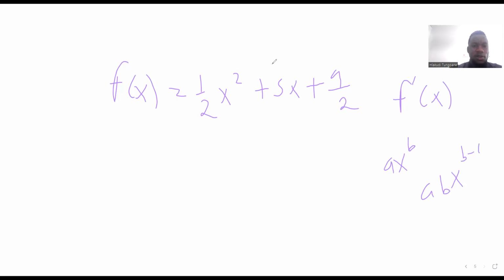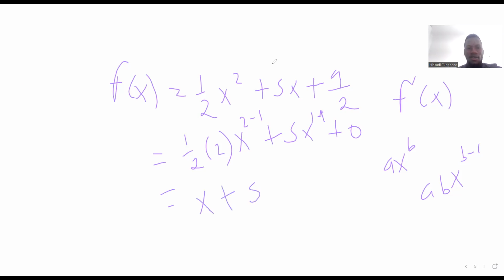So if we do that, we get 1 over 2 times 2x to the power 2 minus 1, plus 5, where 5 is 5x to the power 1 minus 1, which is 0. The derivative of the constant is 0. Then your derivative now is going to be x plus 5. That's the derivative function of f of x.